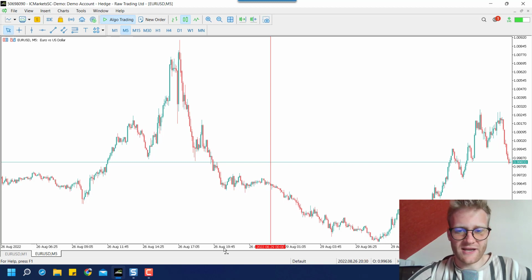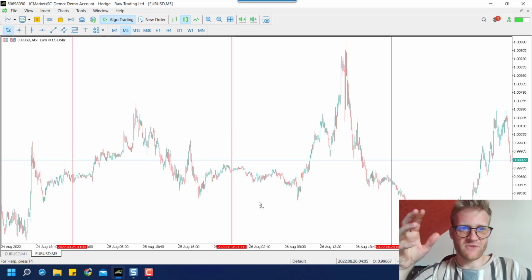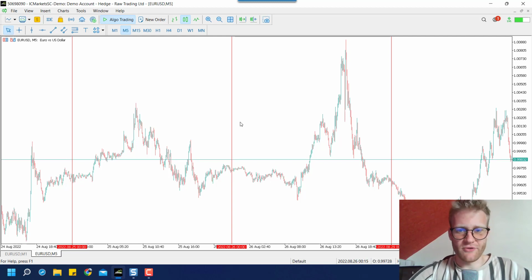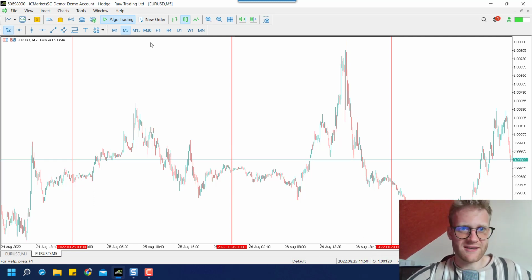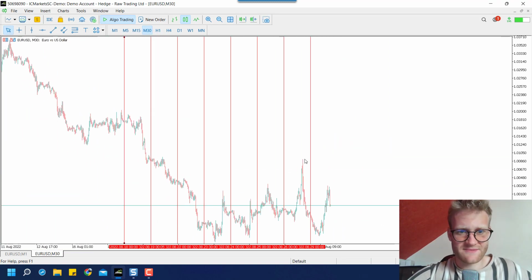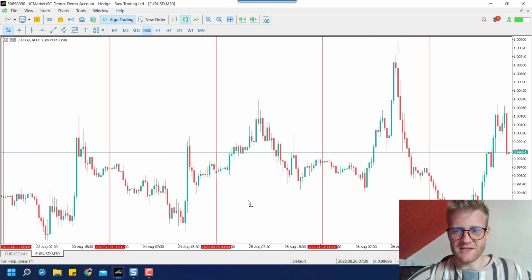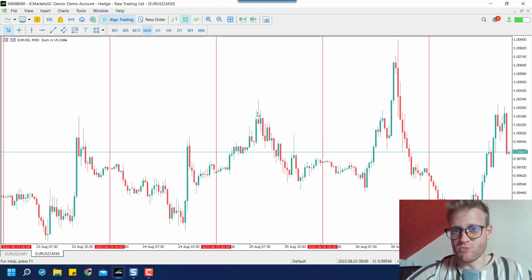So I had a look at the chart and I put these vertical lines where a new day starts. So this is the Euro-US dollar M5 chart, and I did this for the last days. So you can see it here. And as you can see, the price obviously moves.